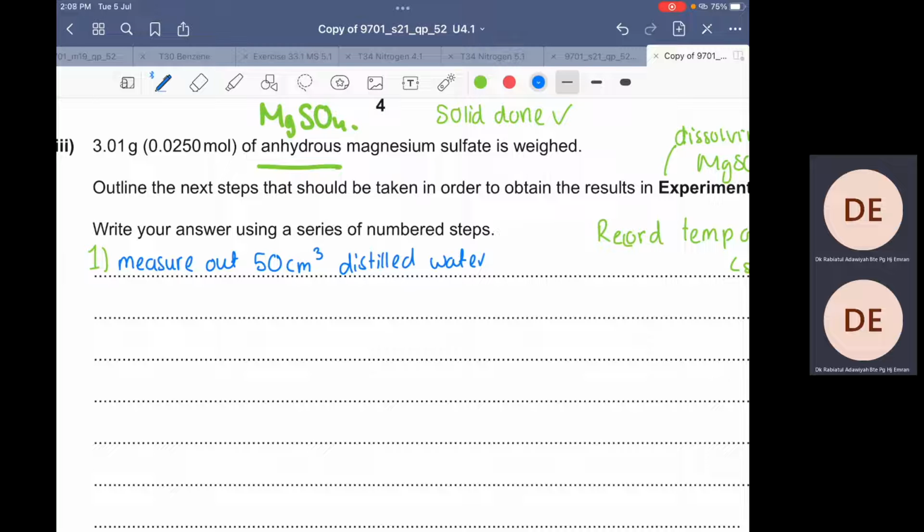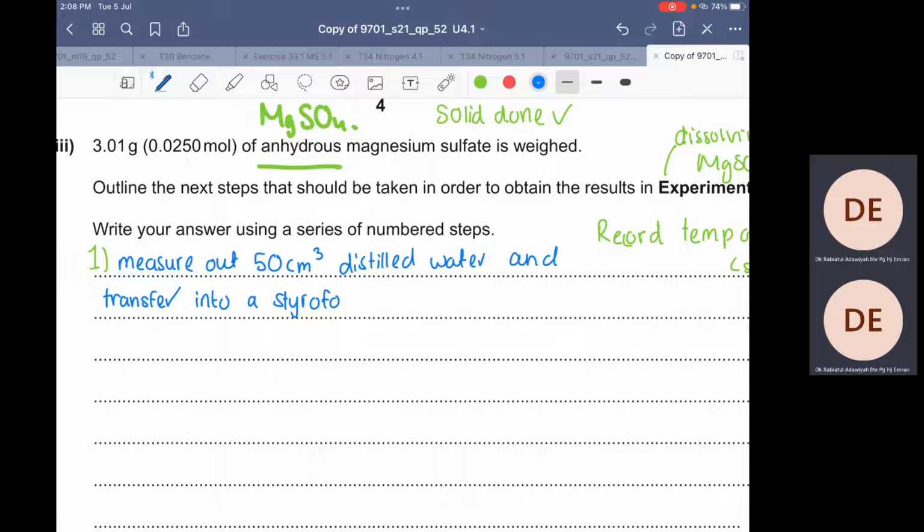So measure out 50 centimeter cube distilled water and then transfer to, what do we use usually for heat enthalpy or heat energy reaction? Do you use a glass beaker, a crucible? Do you remember? If you use a thermometer, what type of cup do you use? Styrofoam. And transfer into a styrofoam.